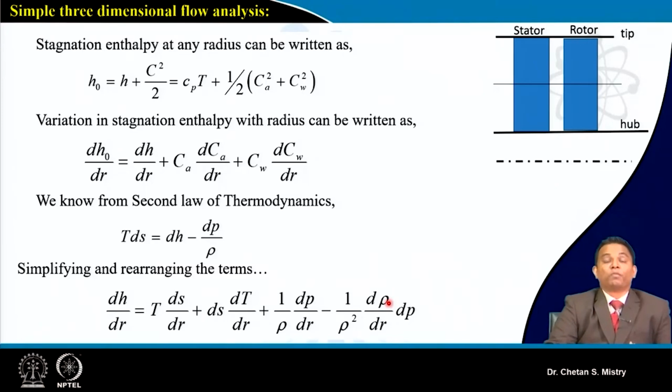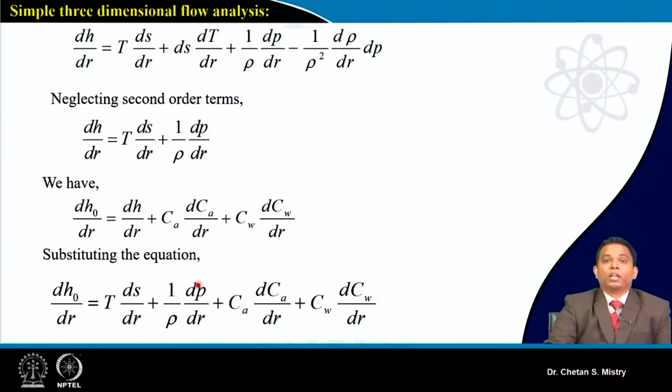So slowly we are moving towards analyzing a more realistic picture of what is happening. In the case where we consider this ds into dt by dr, it represents the change of entropy and the change of static temperature along the radius.